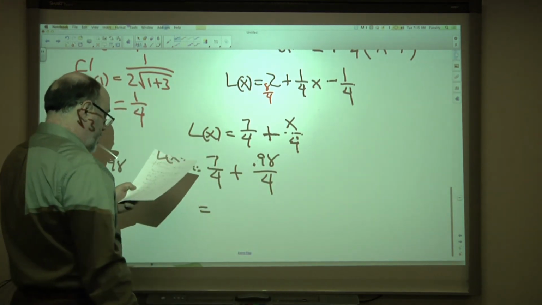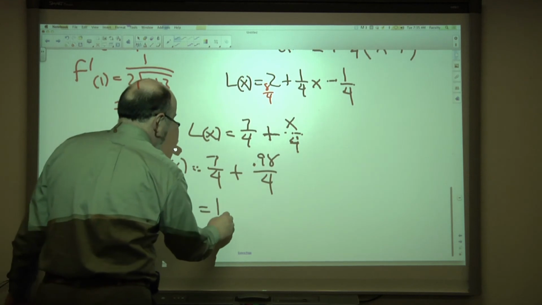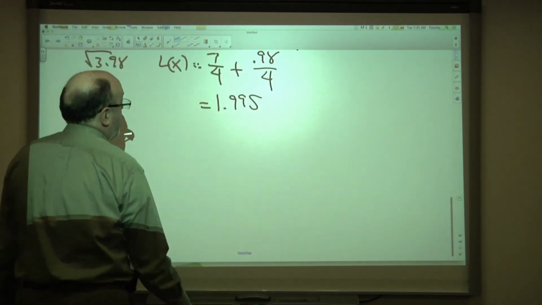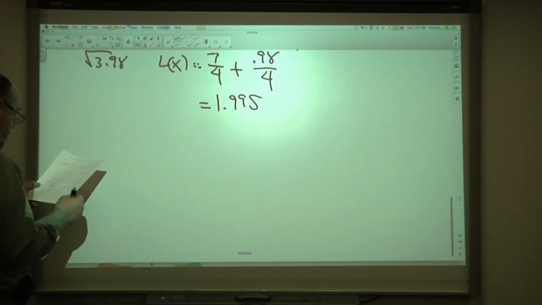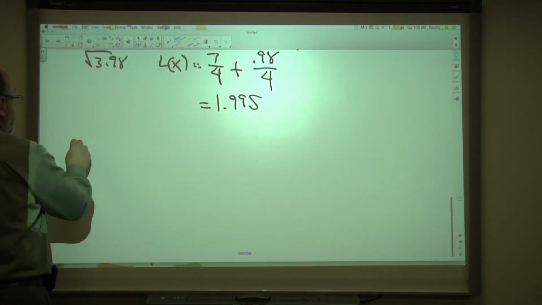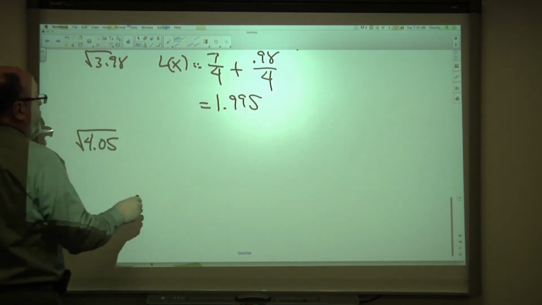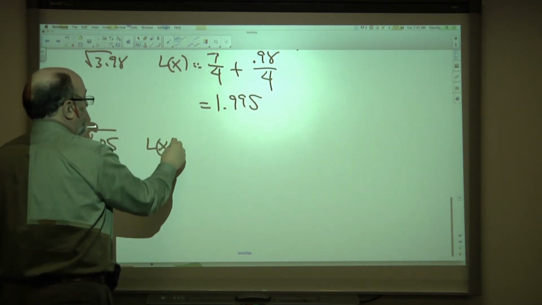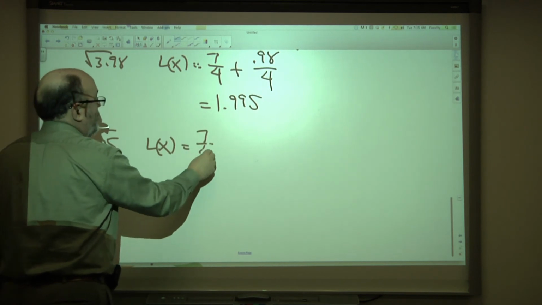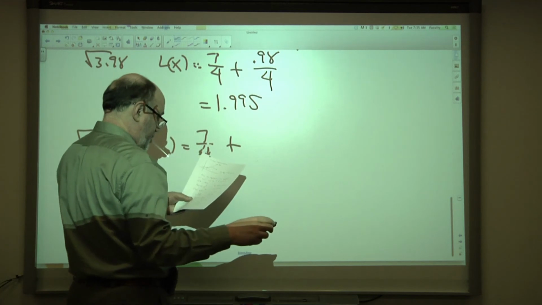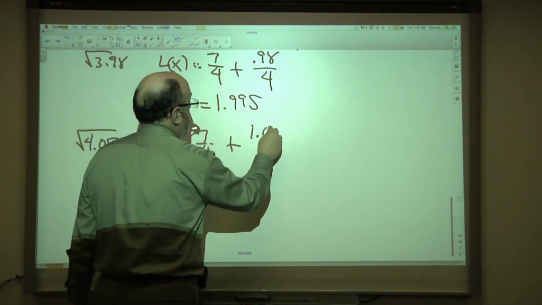And that'll give us a value of 1.995. And then if we do it for the other number, which was the 4.05, we get that L of x is going to be 7/4 plus 4.05 over 4.